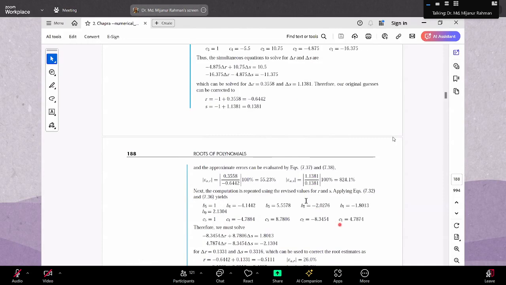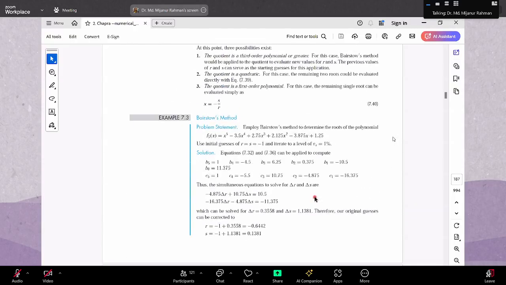I am just showing you the book that we already referred to. In this book, you can check how this method is applied to solve the problem and how the root is determined by following the Barrister method, example 7.3.